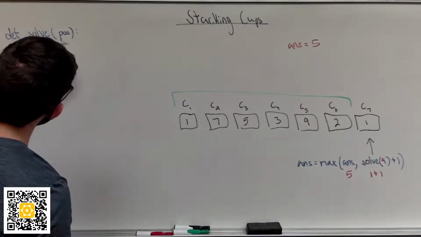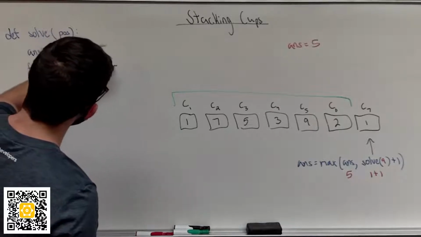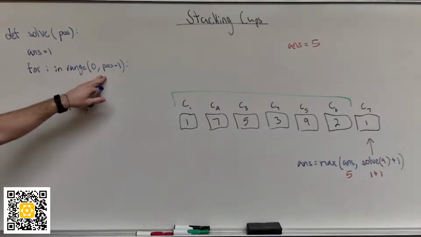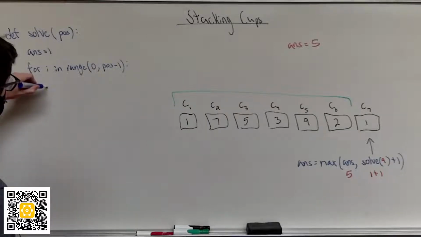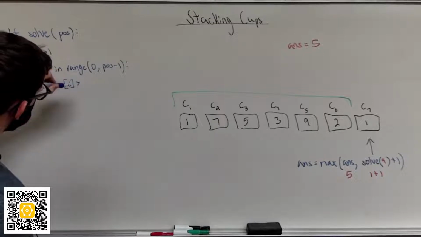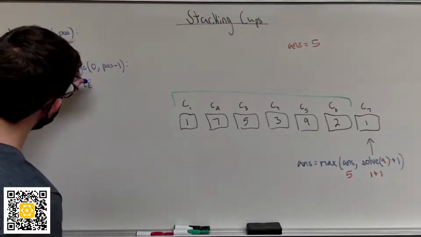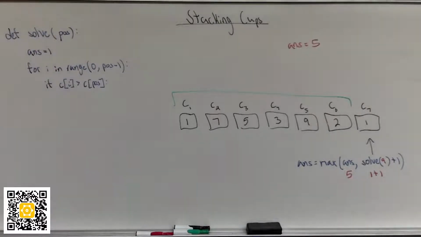In range of 0 to position minus 1. Don't call me out for the Python code. I know this is wrong because it's already exclusive, but look at this as pseudocode. For this, if the cup at position I is greater than the cup at position POS, which is the current one we're on, that's when we want to update our answer.